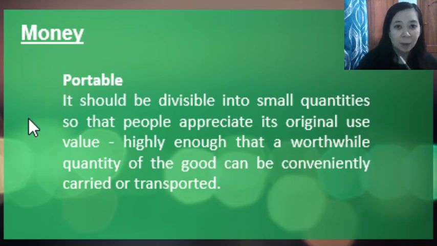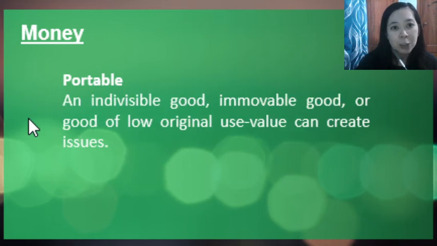So that's why, aside from the physical currency that we are now having, you can notice that there is already electronic form of monies like cryptocurrency, cards, electronic bank transfer, payments, and so on, with which we do not actually need a physical money for exchange or payment. So an indivisible good, immovable good, or good of low quality or low original use value can create issues.